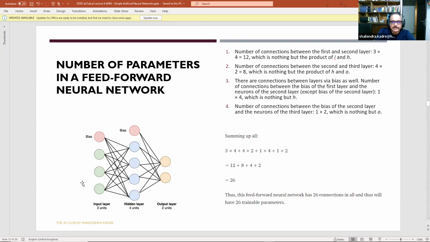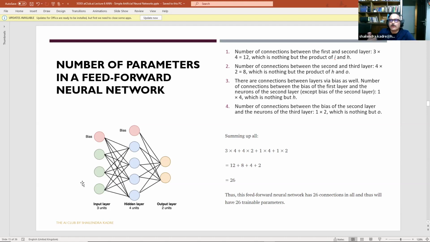How many total biases are there? 6 biases. Correct. Can you explain how 6? As we know, the input layer won't have any bias. We have a bias for each hidden layer neuron, the blue ones, 1, 2, 3, 4, and also biases for the output layer, the green ones, 2 biases.